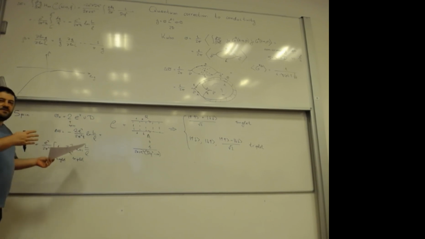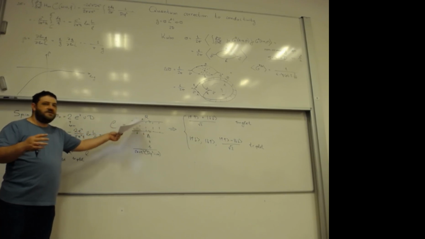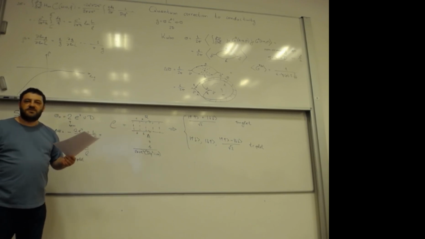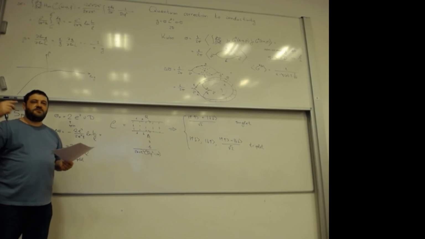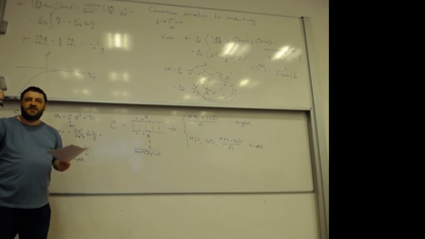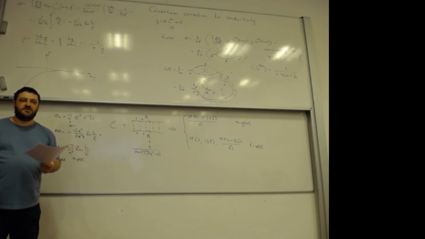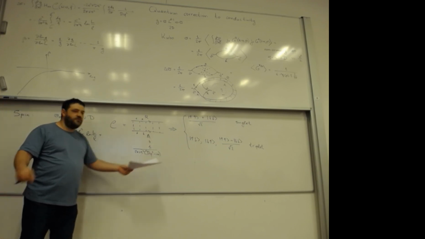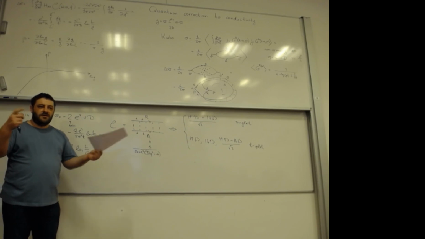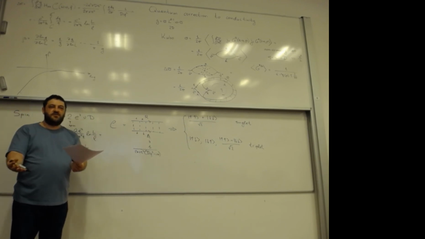Now when we have spin, and spin does not participate in anything, it's always conserved, we have two conservation laws. We have conservation of spin-up density and independently the conservation of spin-down density. That's why we have more than one propagator that has a divergence at small q.